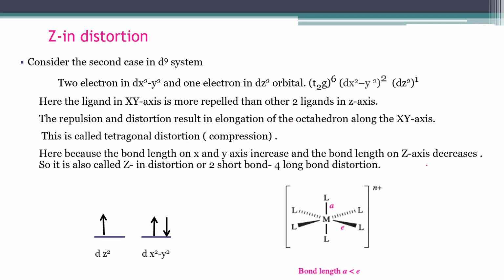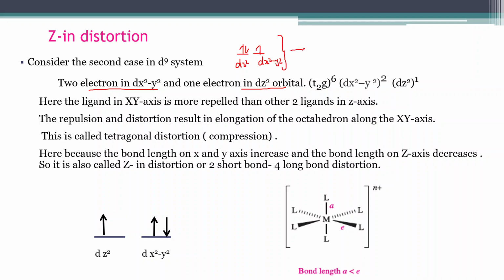And the second one is Z in distortion. We will also take the D9 system as an example. Here consider the 2 electrons are in the dx square minus y square, and 1 electron is in the dz square orbital. Earlier we had the 2 electrons in the dz square and 1 electron in the dx square minus y square.